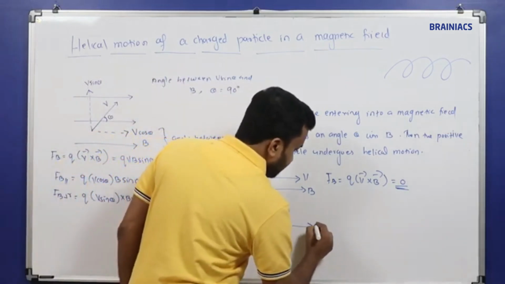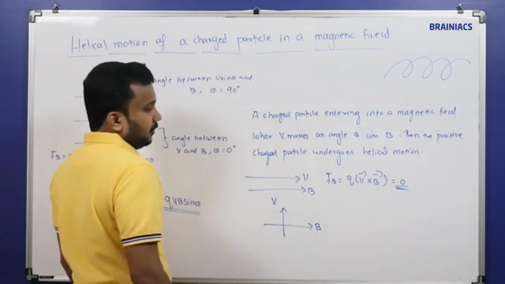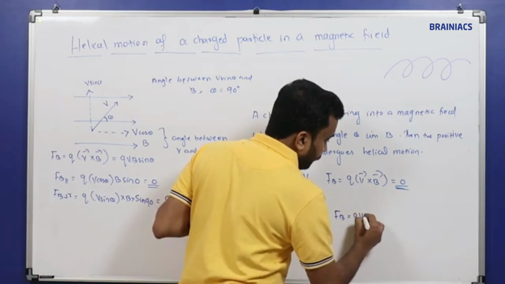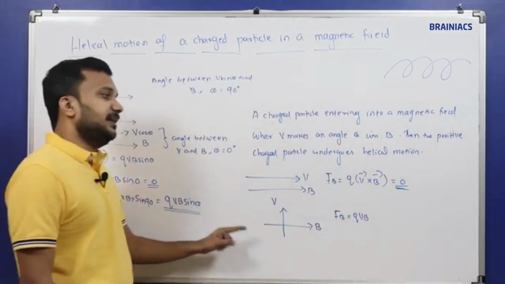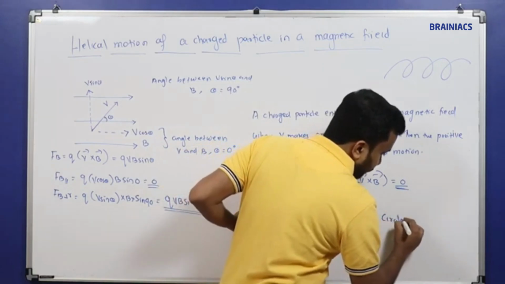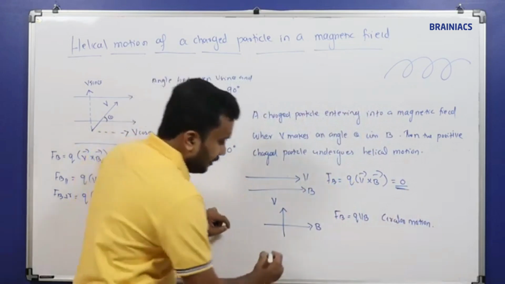When B is like this and velocity is like this, both perpendicular, then FB will be equal to QVB because we have sin 90. So this will undergo circular motion.